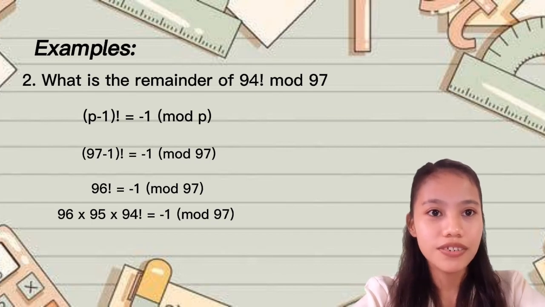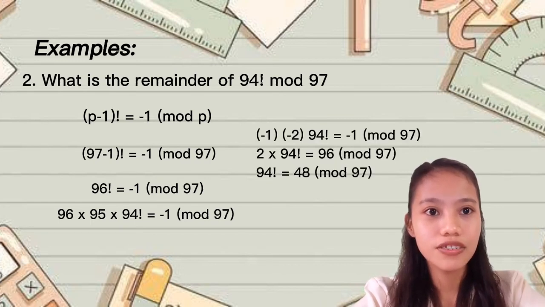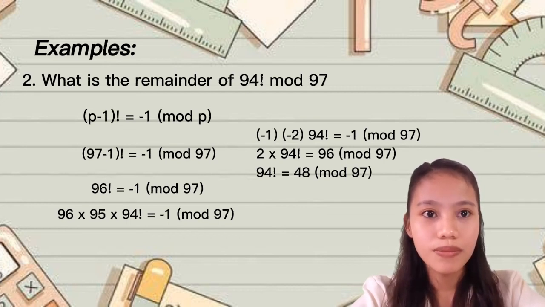Like we did in our first example, 96 minus our prime will become negative 1, and 95 minus our prime 97 will become negative 2. So, we have here negative 1 times negative 2 times 94 factorial is equal to negative 1 modulo 97. Let's multiply our two negative numbers, negative 1 times negative 2. So we will have positive 2 times 94 factorial is equal to negative 1 modulo 97.